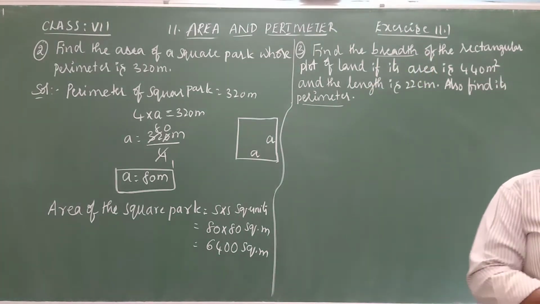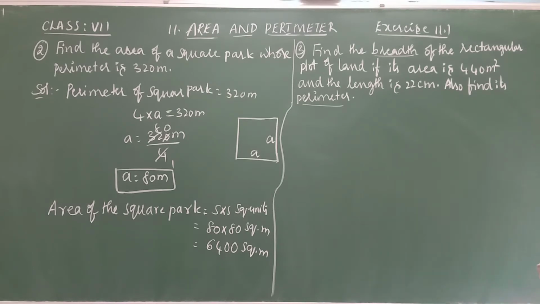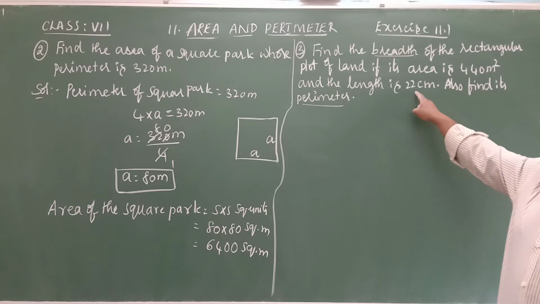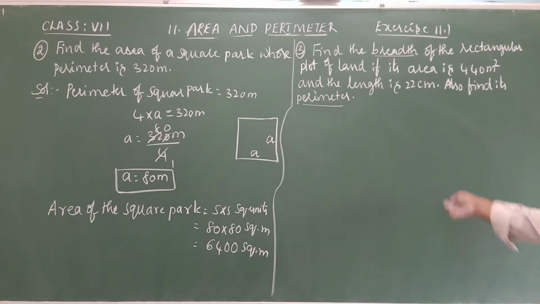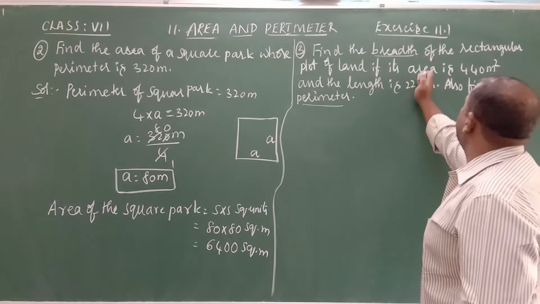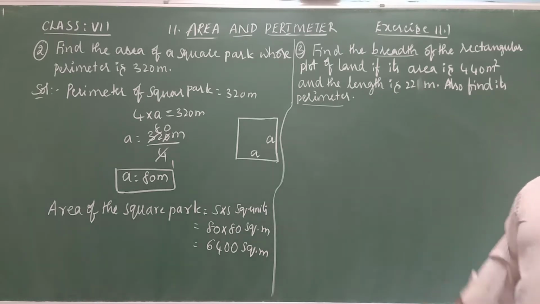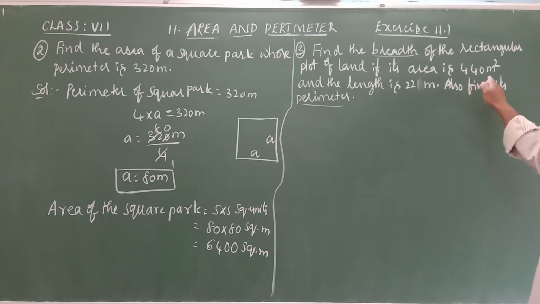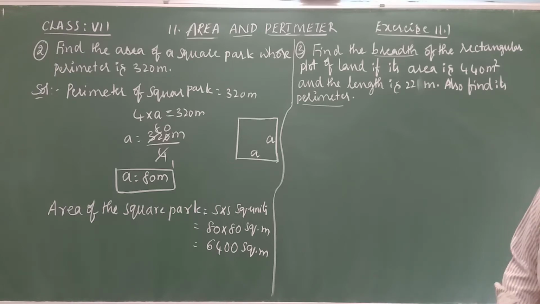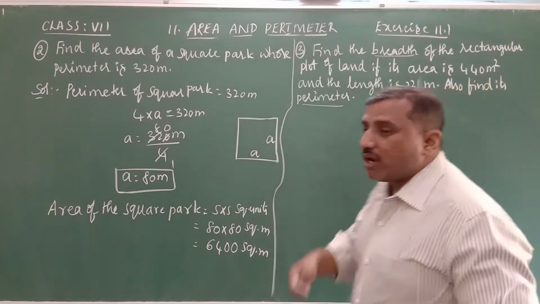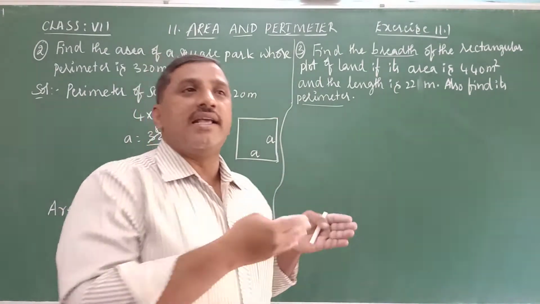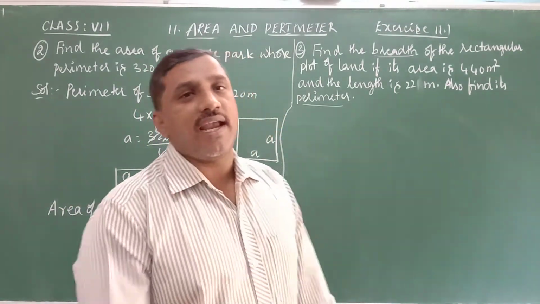So to find the perimeter of a rectangle, what should be known to us? Length and breadth. Length is given as 22 meters, and breadth is not given, but its area is given as 440 meters square. So to find the perimeter, first we have to find the breadth, and in the question itself it is asked to find the breadth.